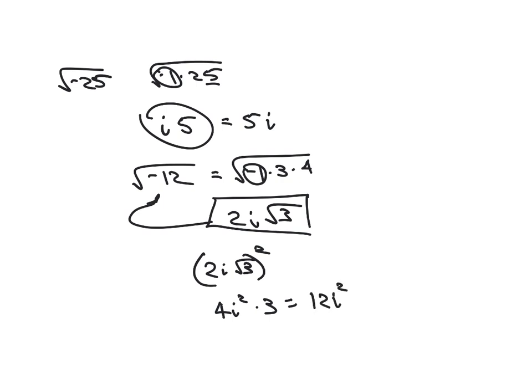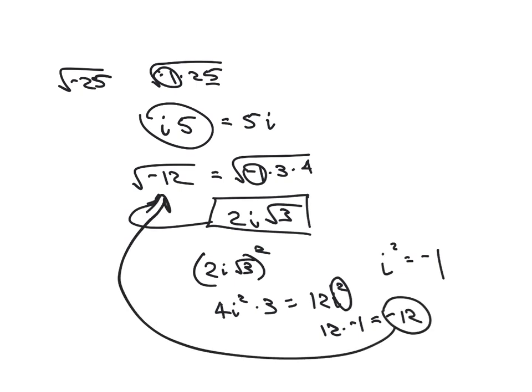Now here's one of the things that you'll learn. I squared is always equal to -1. So if that's the case, this is -12, which is what we started with there.